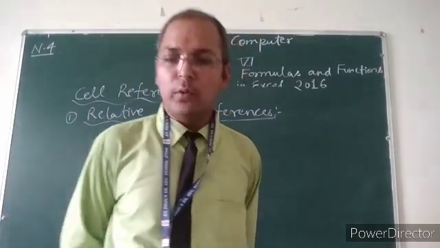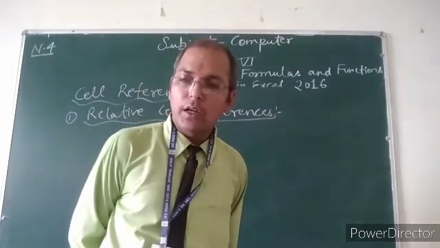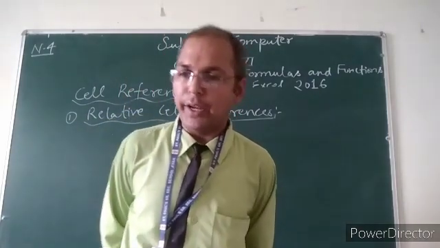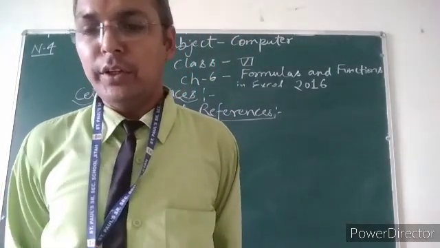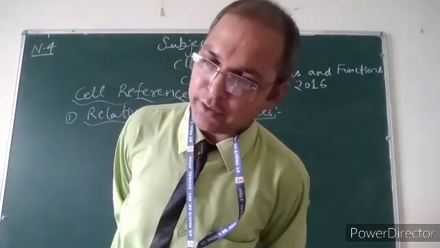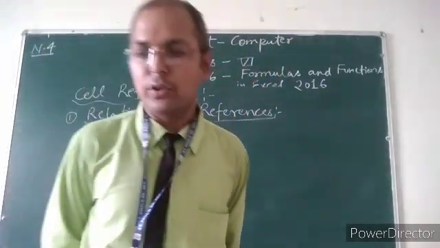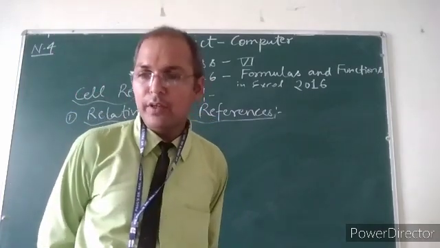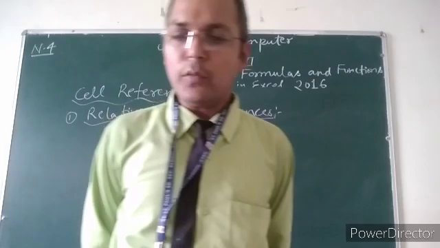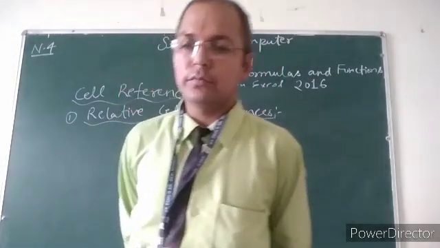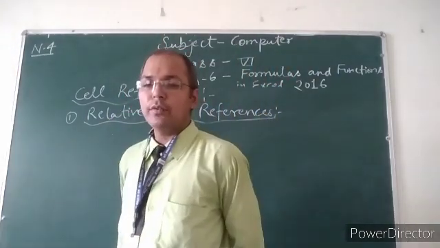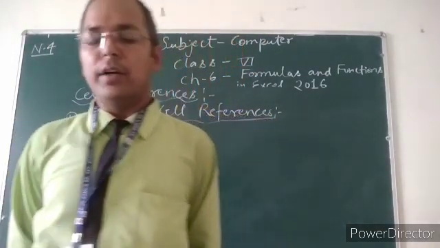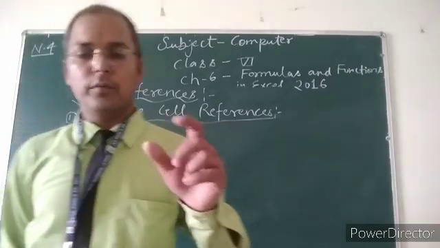For example, the formula in cell D3 is B3 multiplied by C3, and when you copy the formula from D3 to D6, Excel automatically changes the reference to match the location of the cells, that is B4 into C4, B5 into C5, and so on. To use relative cell reference, follow the given steps. Select the cell in which you have written the formula.